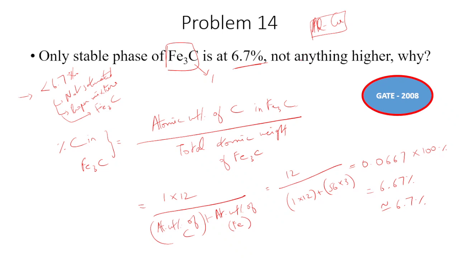But as of now, for the iron carbon diagram, this particular rule is used, especially when carbon is involved. Maybe we shall go to the next problem.